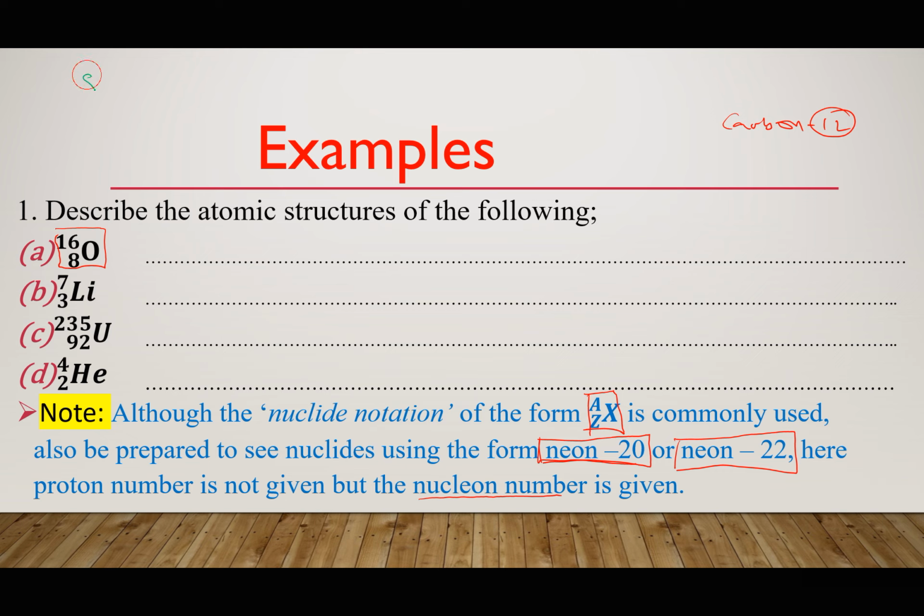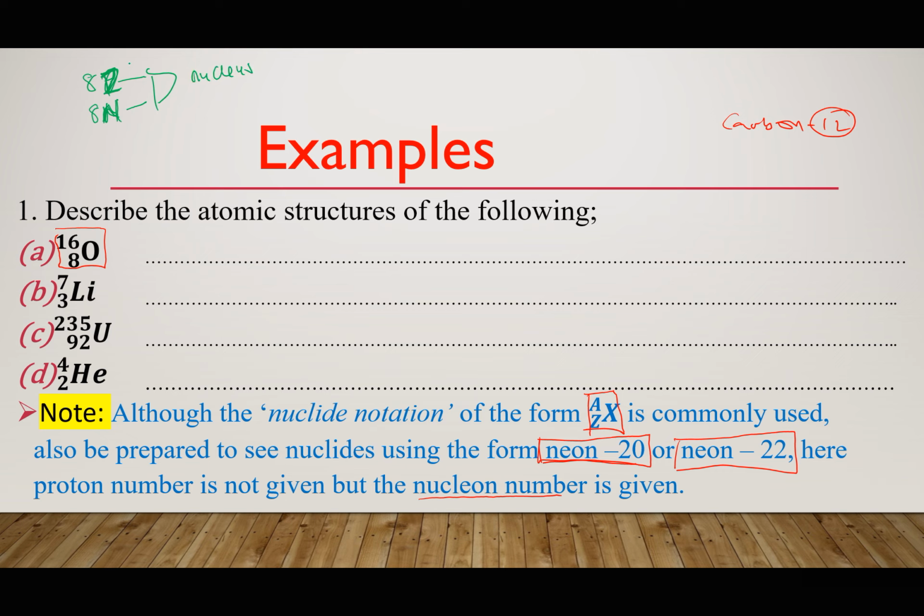First of all, I note it has 8 protons. Remember, protons are in the nucleus. So I have 16 minus 8. It also has 8 neutrons. Neutrons are also in the nucleus. So the neutron number is 8. The proton number is Z, and the proton number is 8. The neutron number is 8. These reside in the nucleus.